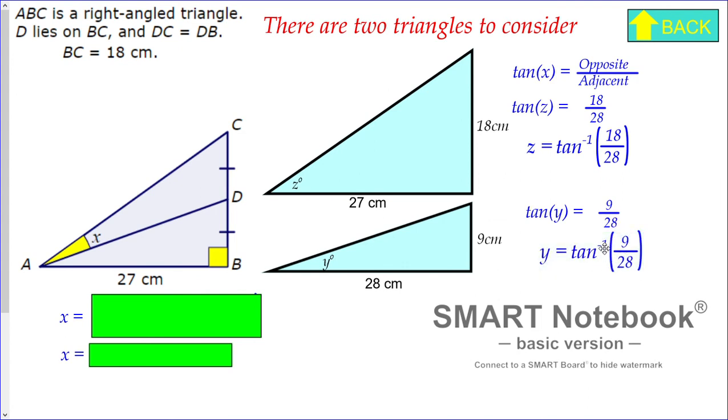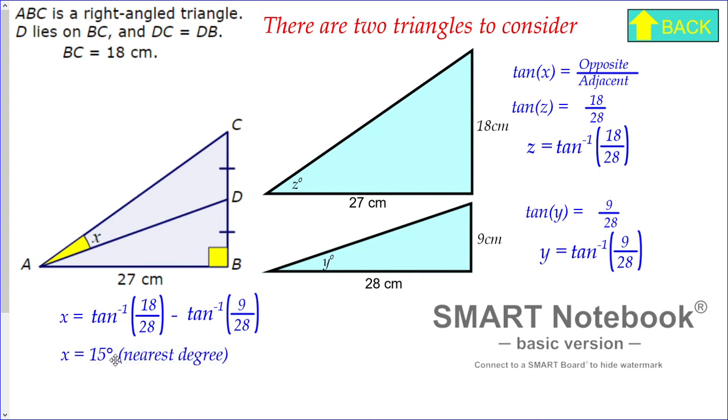So now, to get x, we have to take z, which is this one, and subtract off y, which is this one. Type that directly into your calculator. Round your answer, and your answer should round to 15 degrees to the nearest degree.